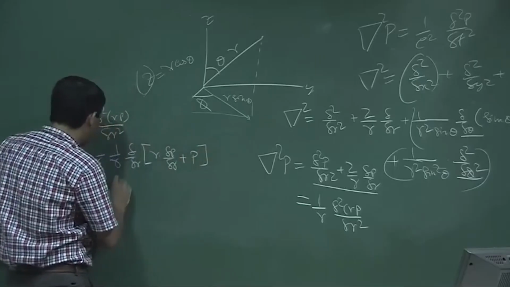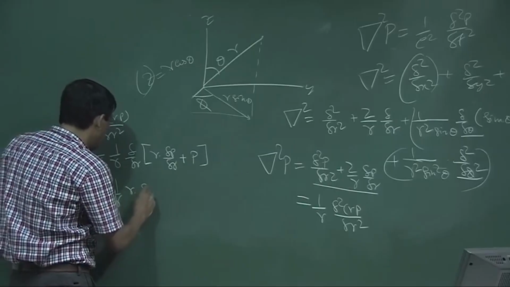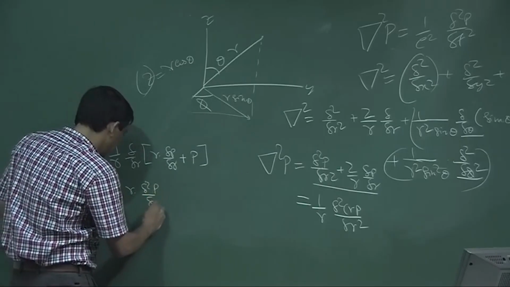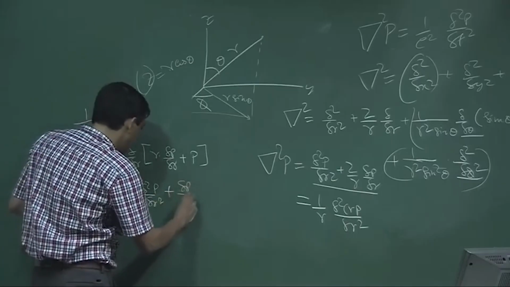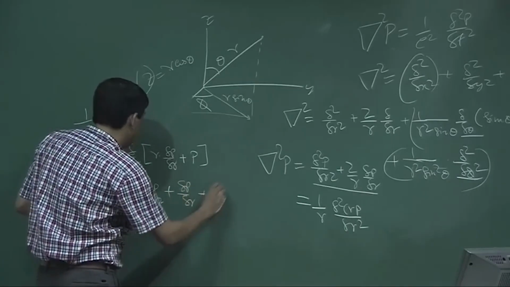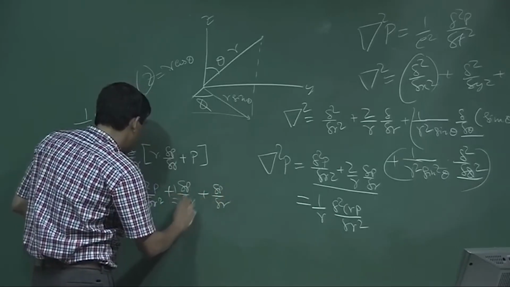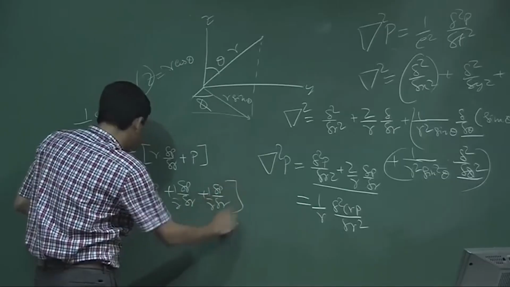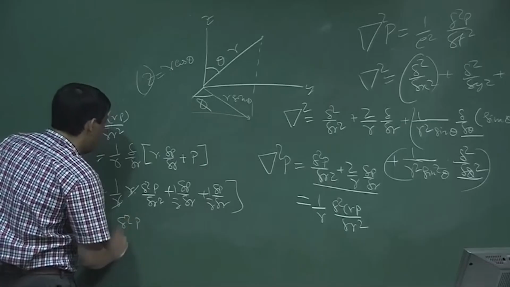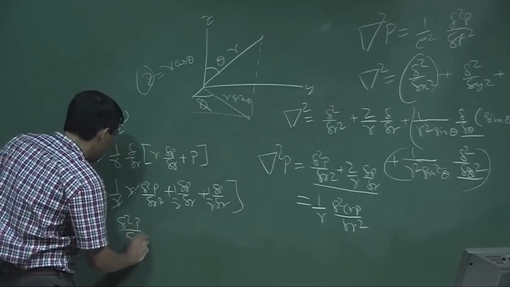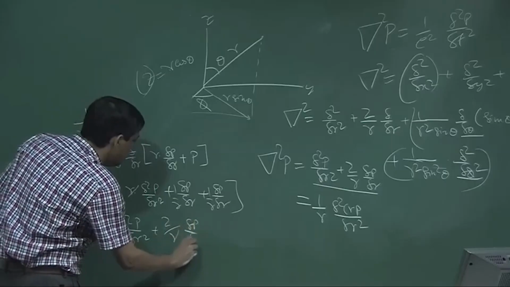So, 1 by r into r del square p by del r square plus del p by del r plus del p by del r, with 1 by r and 1 by r. The r cancels, so it is del square p by del r square plus 2 by r del p by del r.